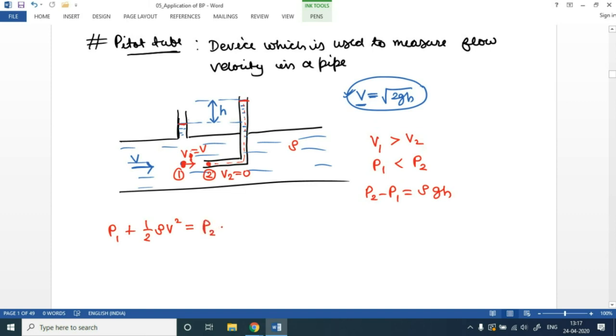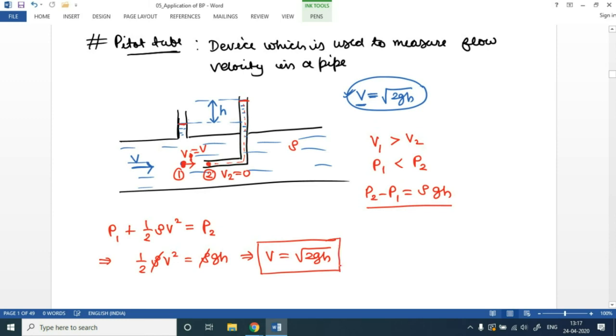There is no rho gh term, because the h term cancels, and no rho v square term, because v here is 0. So half rho v square is nothing but P2 minus P1, which we have already measured as rho gh, and this rho will get cancelled, and you will get v as root 2gh.